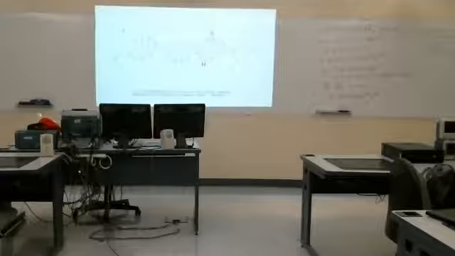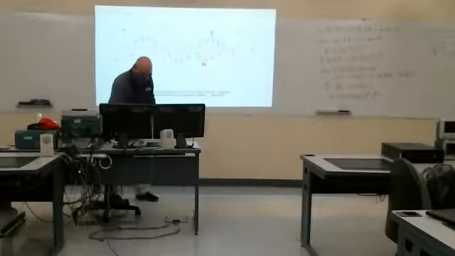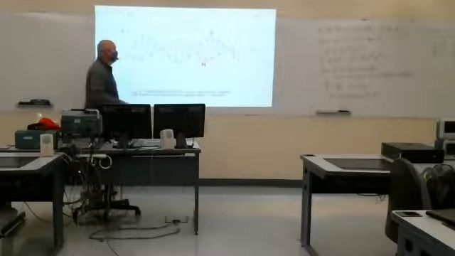in the phasor form, e to the minus j beta z. The electric field here is always in the x direction and is said to be linearly polarized. Okay, that's still this picture.